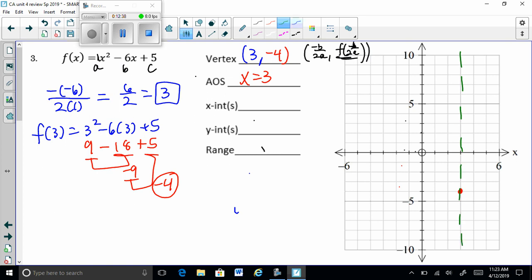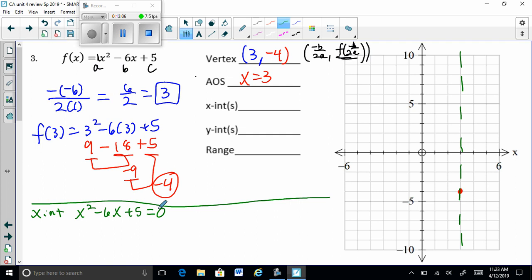Okay, so now to find the x-intercepts, I mean, we could do completing the square, but it's actually going to be much easier just to go ahead and factor it. It is factorable. Okay, so coming down here, if you want to find your x-intercepts, you go ahead and take this and set this equal to 0, and it should factor very nicely.